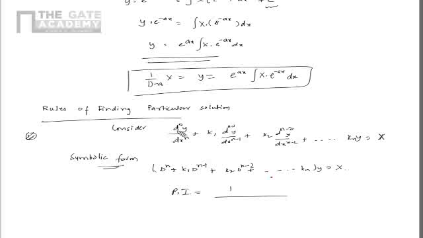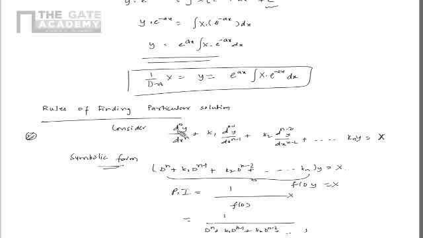Ideally you can call this term f of D, so f of D y equals X. So this is 1 by f of D into capital X. Okay, this is what your particular integral is. Let's see how to find out this particular integral.